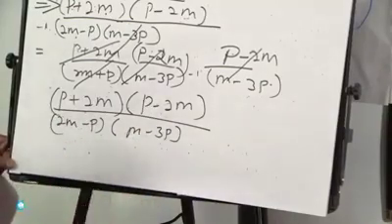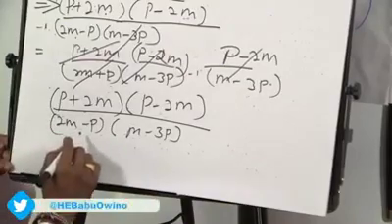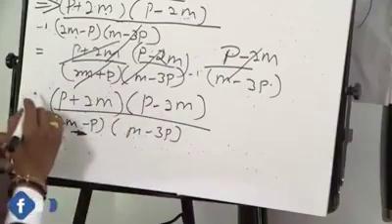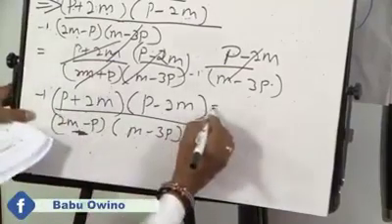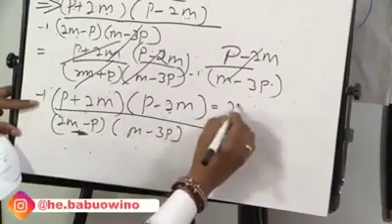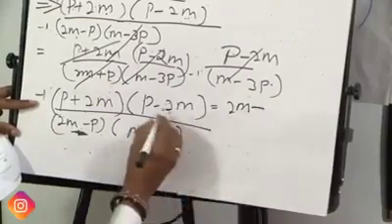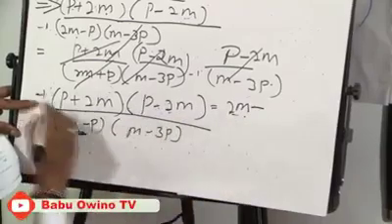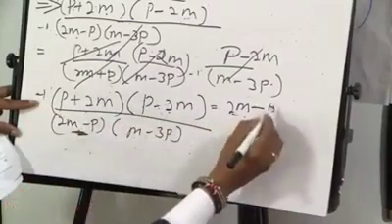So introduce the negative so that at least this becomes a factor of one of these. When you multiply this by the negative, minus times minus 2m is 2m, then minus times p is minus p.